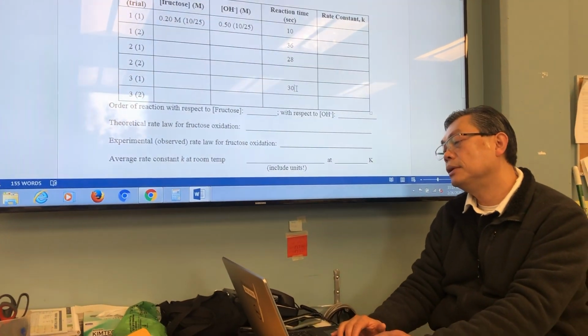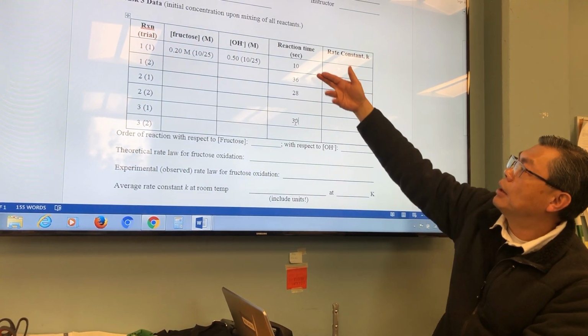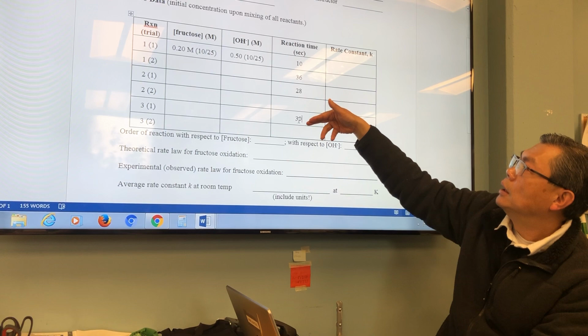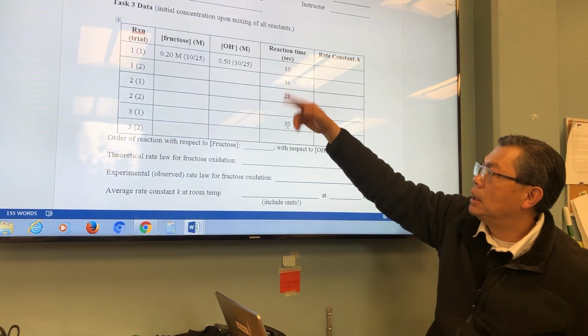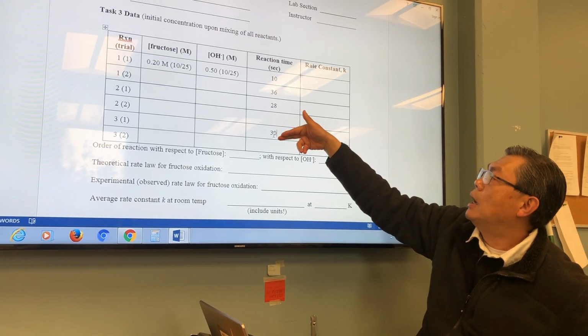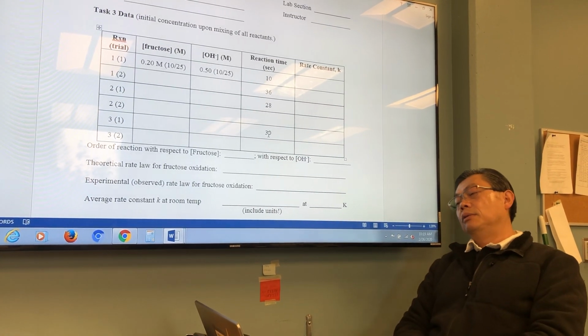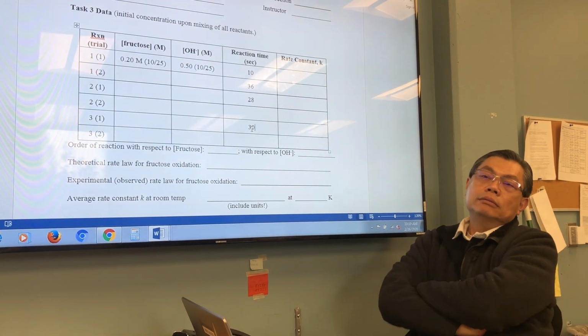And same thing here, 30 seconds. Compare with reaction 1, the fructose would be the same, hydroxide is double. Again, the time should be half. Half of 30 would be 15, but then you have 10 in your case.